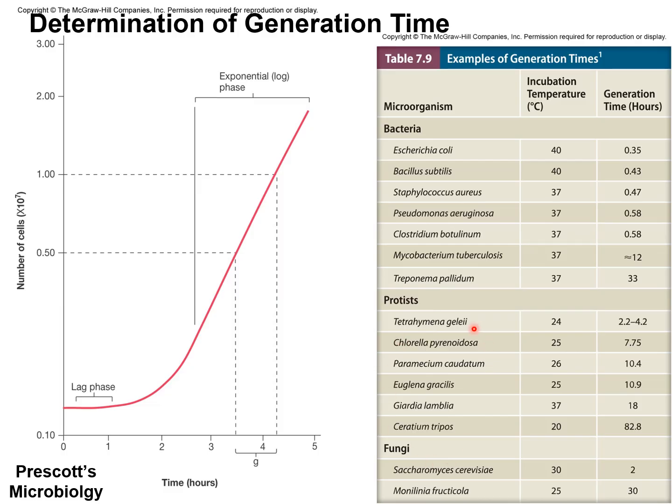Okay, because remember the DNA replication, that is your limiting speed for how fast you can divide. And also the eukaryotic cells have to do the whole mitosis thing, do the mitotic spindle, and that's going to add to their time as well. So in general, the eukaryotic cells are going to divide much slower than the prokaryotic cells because the prokaryotic cells don't have as much DNA to replicate.